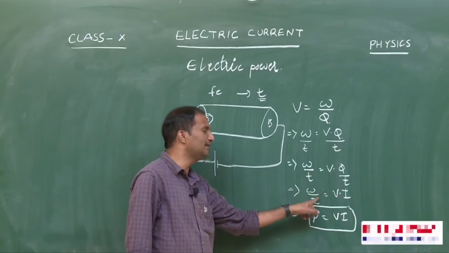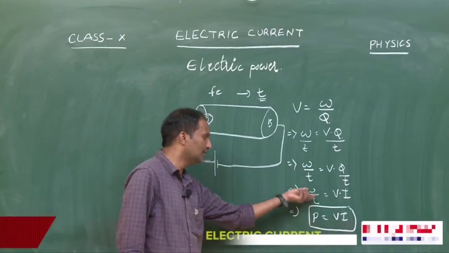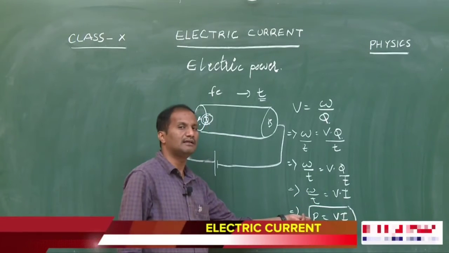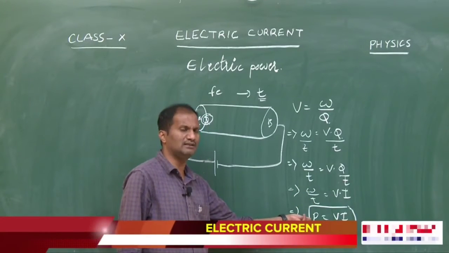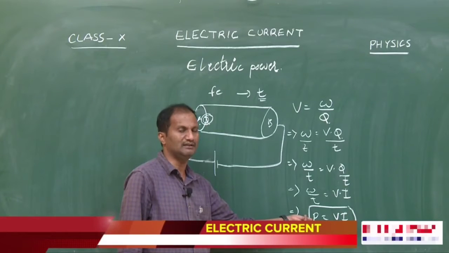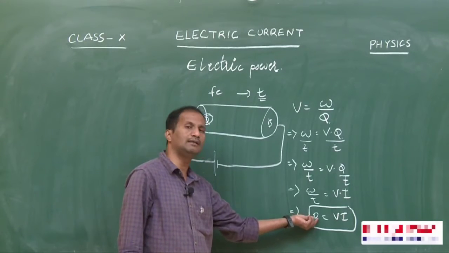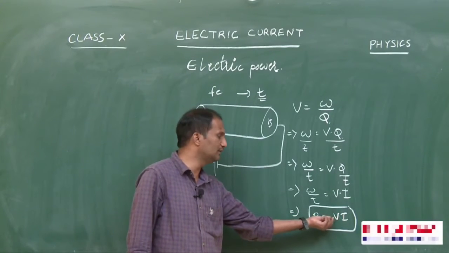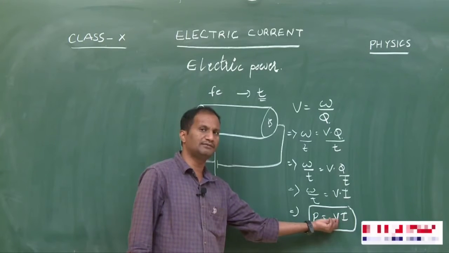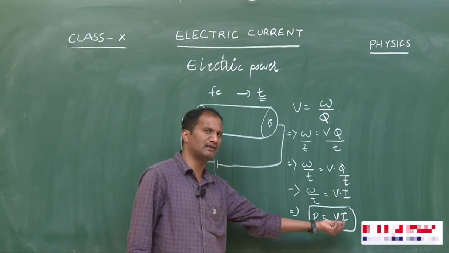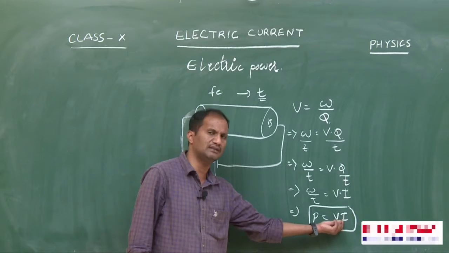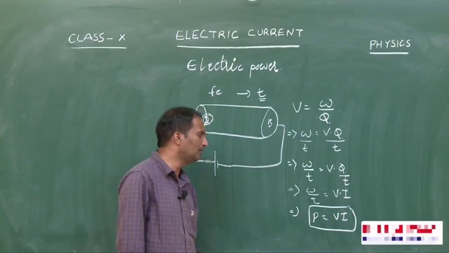So W by T equals V into I. In general, power is nothing but the rate of doing work. So power P equals V into I, that is the product of the potential difference at the two ends of the conductor and the amount of current flowing through that conductor.